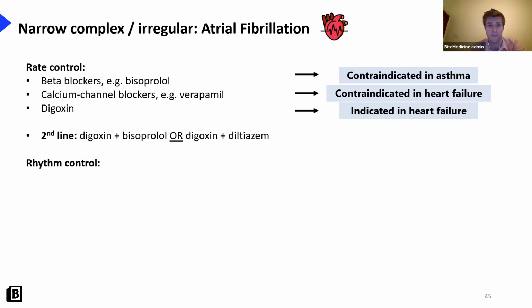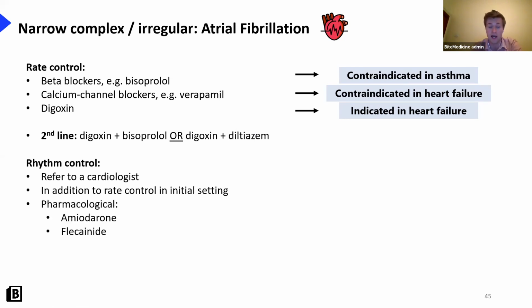They're not relevant here. Looking at rhythm control, as we said, refer to a cardiologist if that's what you're thinking of doing. Rhythm control is given in addition to the rate control. Some examples might be amiodarone or flecainide, flecainide being a type 1 antiarrhythmic and amiodarone being a type 3.